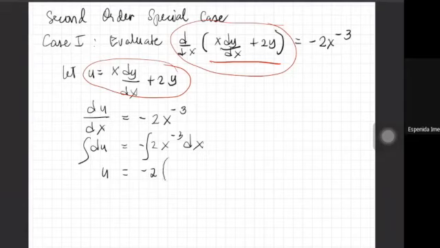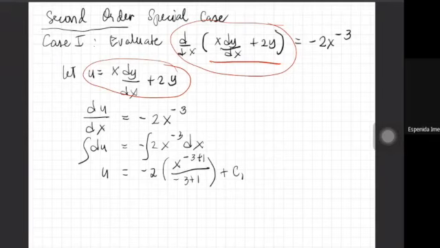You have x to the negative 3 plus 1 over negative 3 plus 1 plus c sub 1. We will write c sub 1 because we are going to integrate twice this time, because we have second order. So when you say second order, you're going to integrate twice.